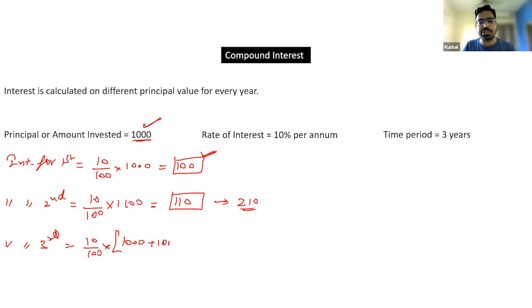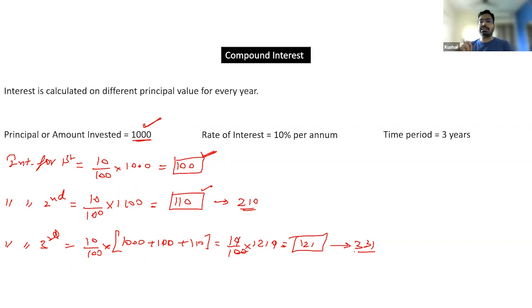And you must charge an interest on this 110 as well, which was there with the person for the third year as well. So effectively you are charging 10% on 1210, which is then going to be what? 121 as the interest for the third year alone. Remember once again, interest till the end of 3 years will be 331, right?